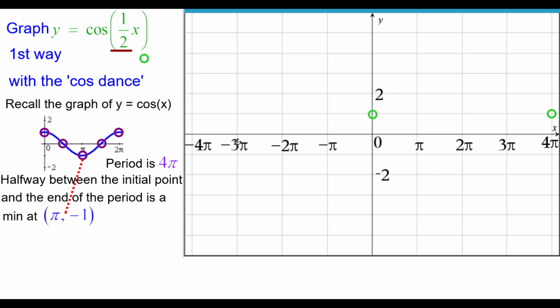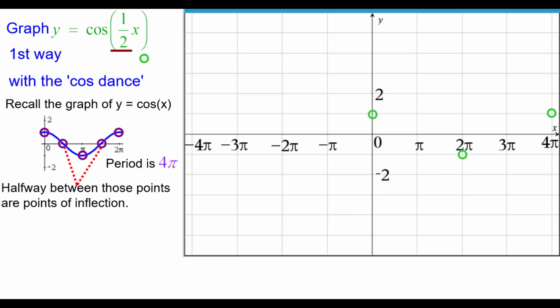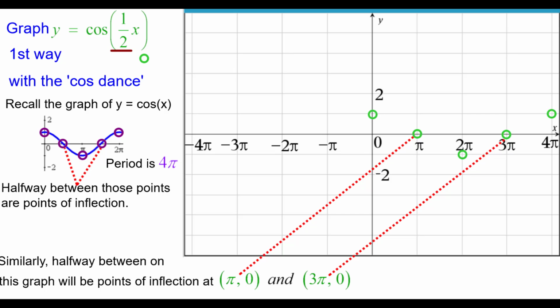Halfway between those 2 points is a minimum, normally at pi, -1, but in this case, halfway is 2 pi, -1. Halfway between each of those 2 points are points of inflection. So halfway here would be at pi, 0, and halfway here would be at 3 pi, 0.